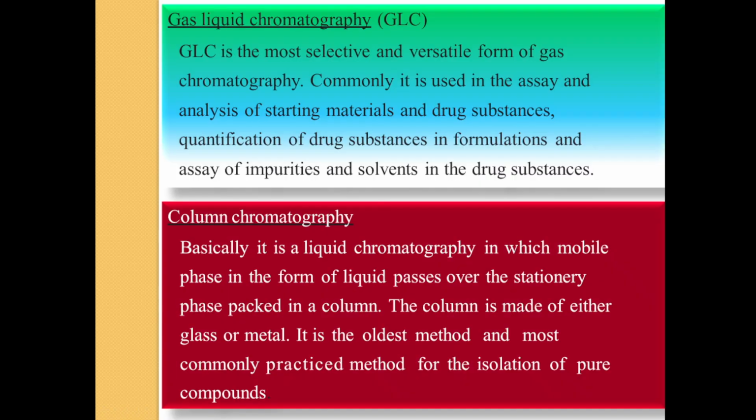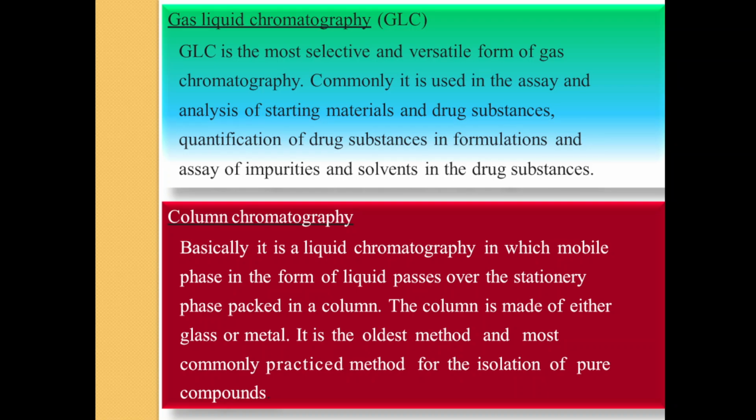Next one is gas liquid chromatography. GLC is the most selective and versatile form of gas chromatography. Commonly it is used in assay and analysis of starting materials and drug substances, quantification of drug substances in formulations, and assays of impurities and solvents in the drug substance. For that, gas liquid chromatography is used.